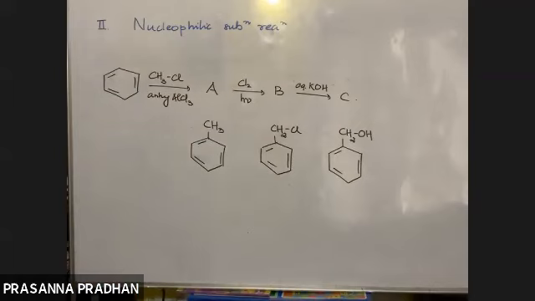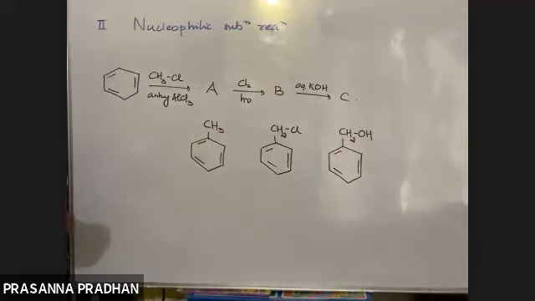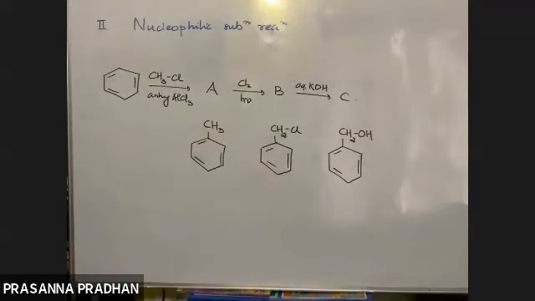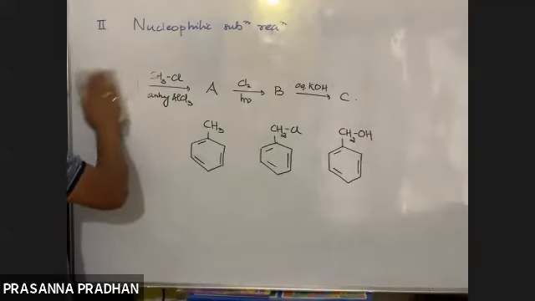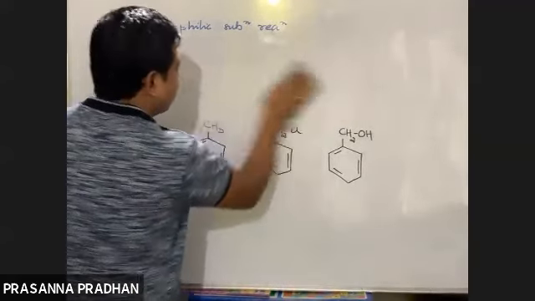Remember, the reagent for substituting halide by OH is aqueous KOH or aqueous NaOH or aqueous AgOH or moist silver oxide. Either of these might be given. So now we know a very convenient method whereby the halide can be substituted by an OH part.